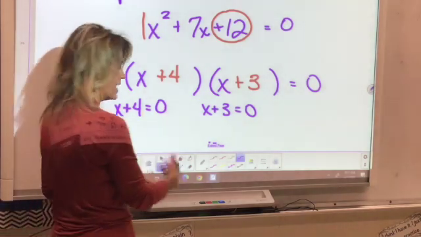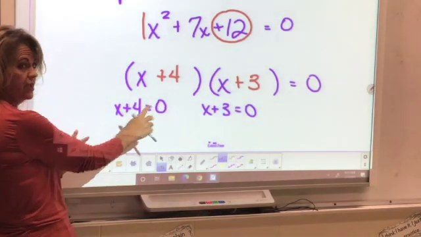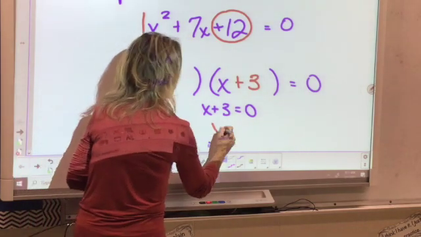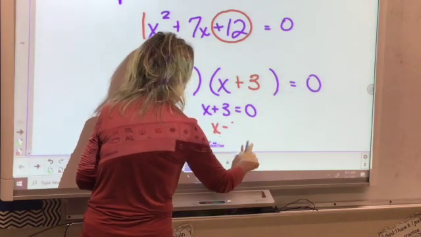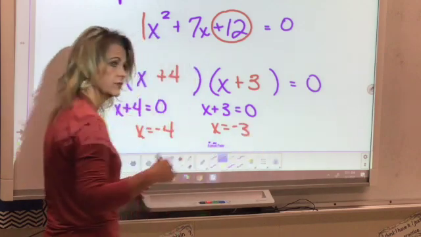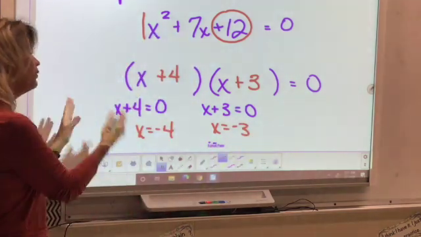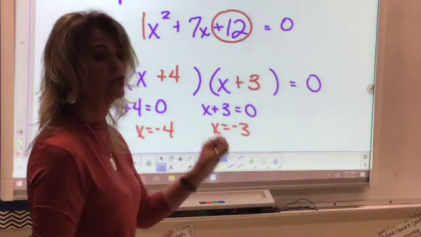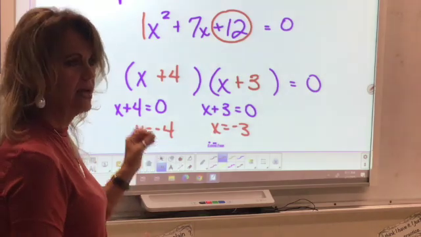So set each factor to 0. Solve for x. Subtract 4 from both sides, x equals a negative 4. Subtract 3 from both sides, x equals a negative 3.